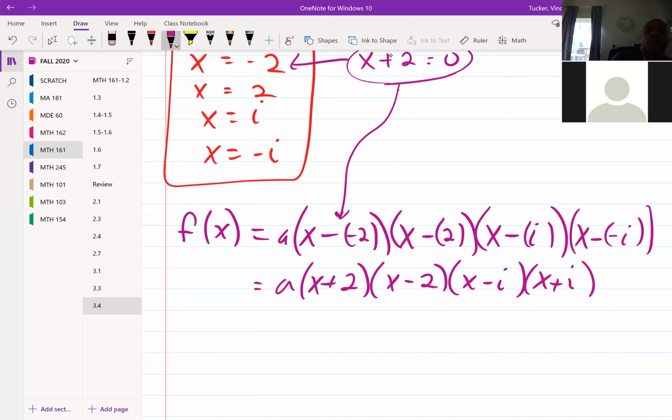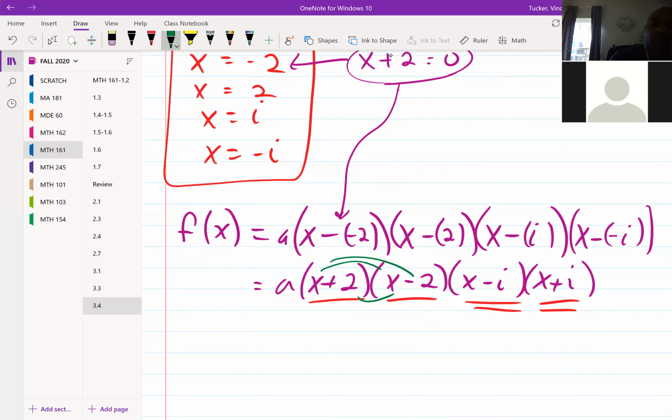All right. What I always suggest is that you multiply your imaginary quantities to each other so that things can cancel, because remember, we want real coefficients. So we'll multiply x plus 2 times x minus 2 together as well. Just foiling.